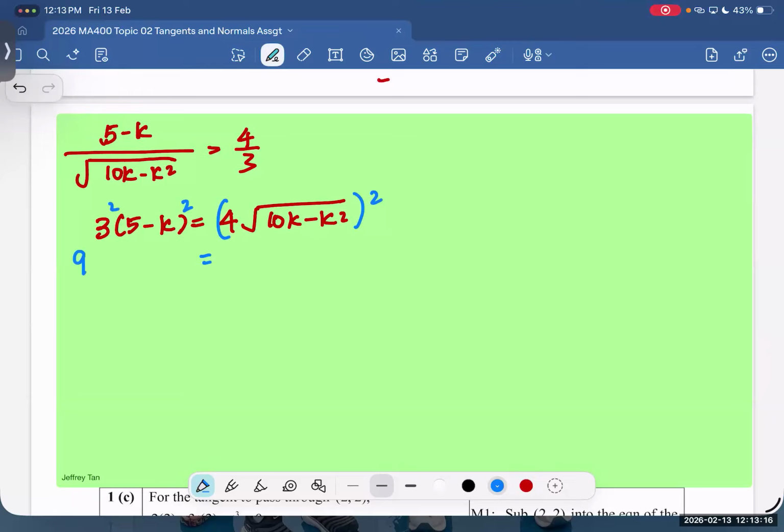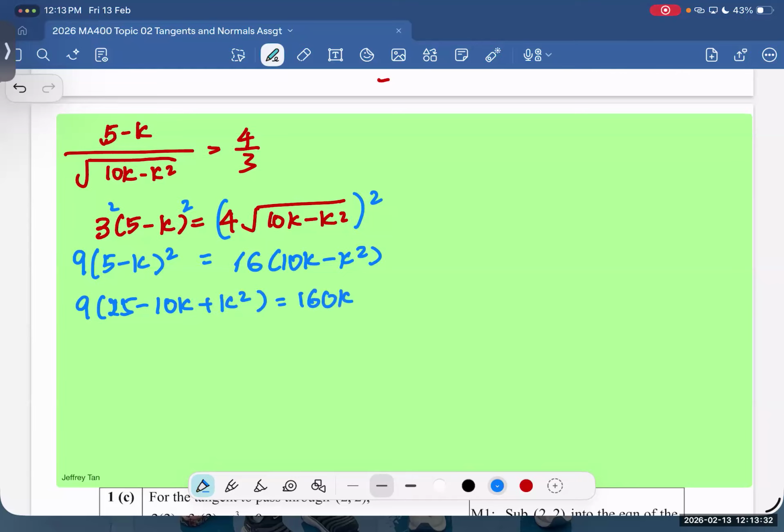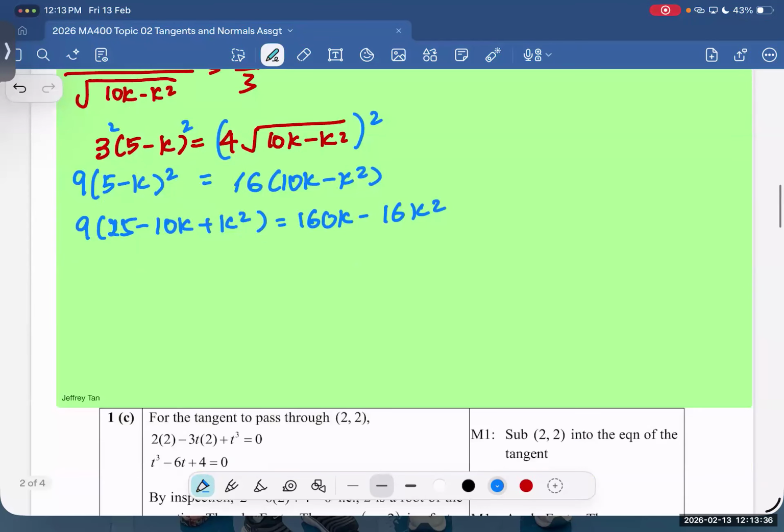I have 9 times (5 minus k) squared equals 16 times (10k minus k squared). This is the same as 9 times (25 minus 10k plus k squared) equals 160k minus 16k squared.